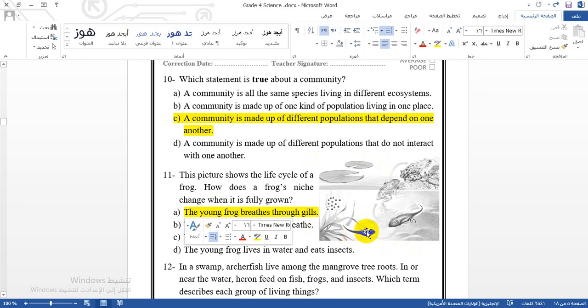The tadpole is an example of the young frogs. And the tadpoles breathe through their gills.